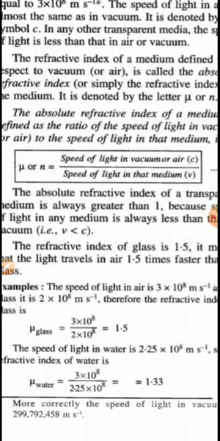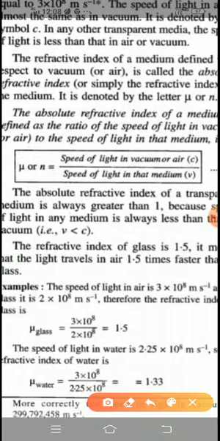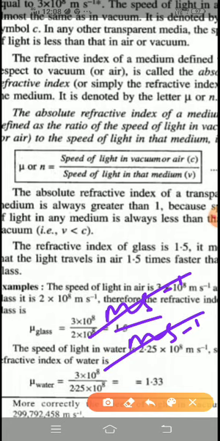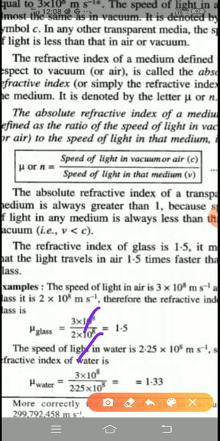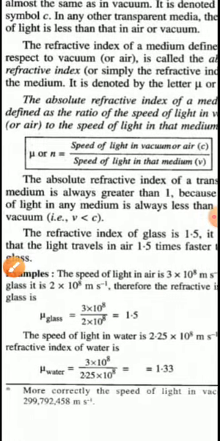It is 3 into 10 power 8 divided by 2 into 10 power 8. Here also it is meter per second, here also it is meter per second, so the units get cancelled. Next, 10 power 8 will cancel, you will have 3 by 2, which is 1.5. So the refractive index of glass is 1.5.